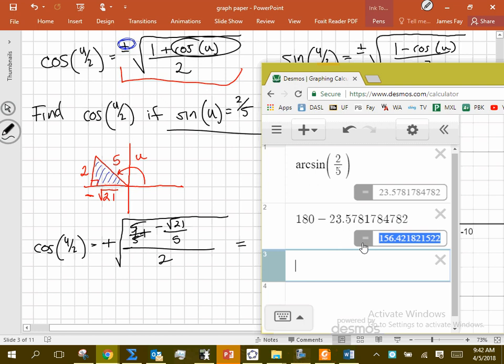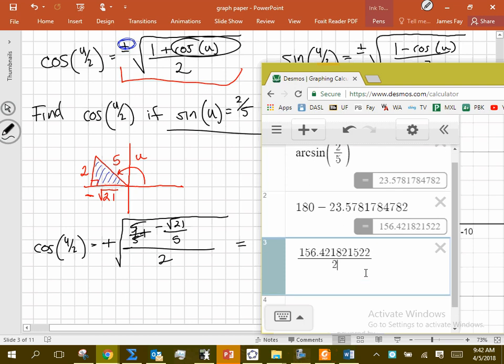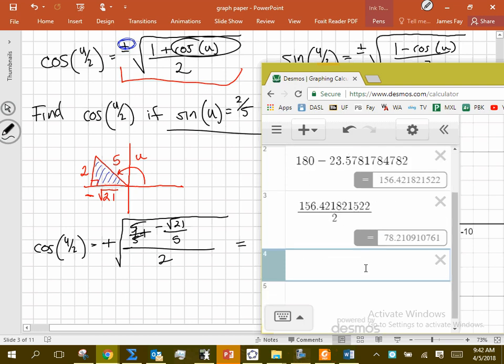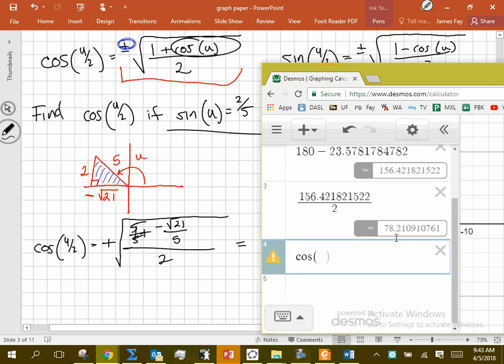Okay. If I take that, cut and paste doesn't want to work. If I take that number and divide it by 2, there's my half angle. Does that make sense? Can I take the cosine of that half angle?